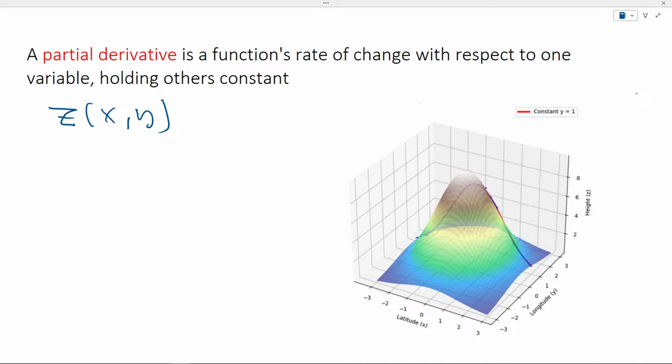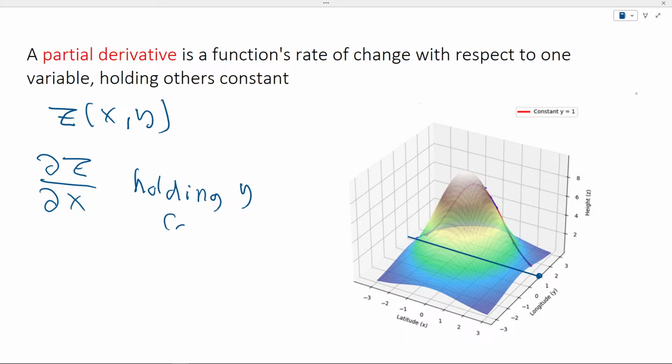Basically, I can hold y constant. Here I can just say y is 1, so y is not changing. Then I can see the rate, partial z with respect to partial x, holding y constant.